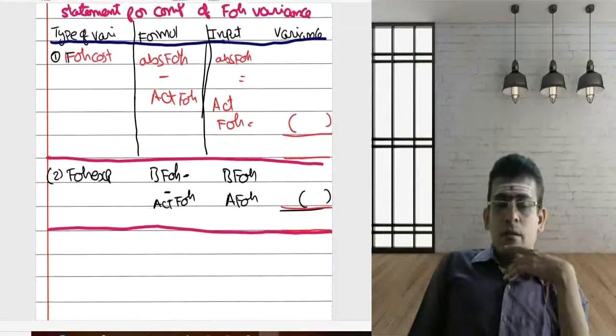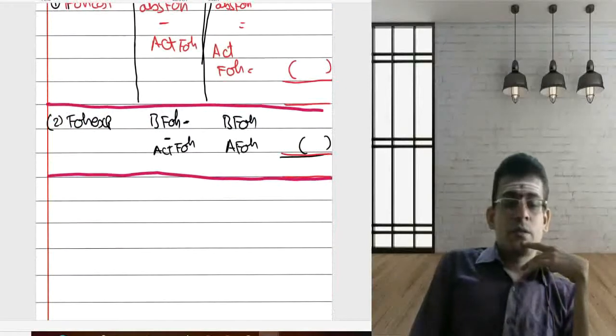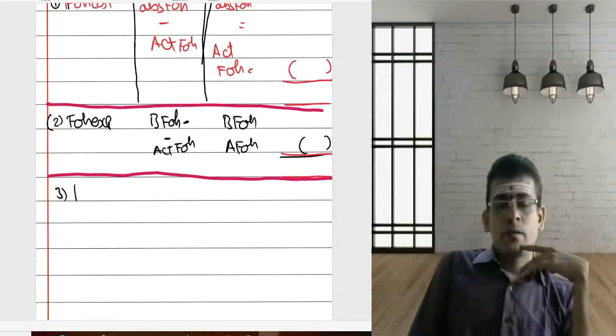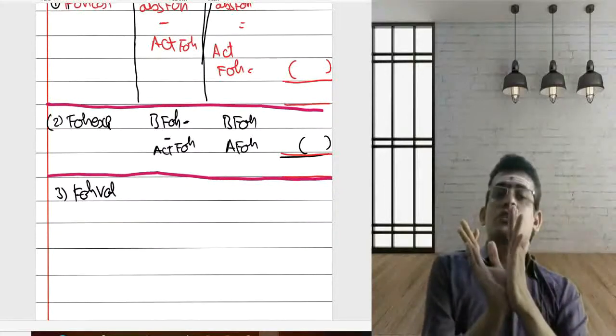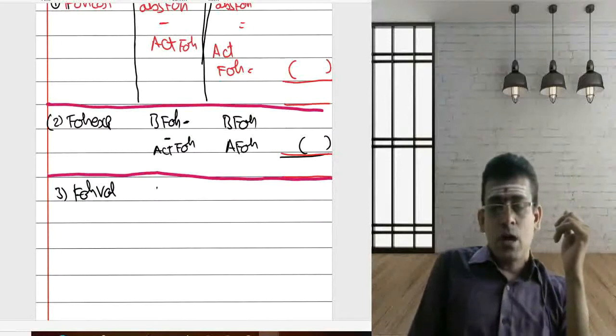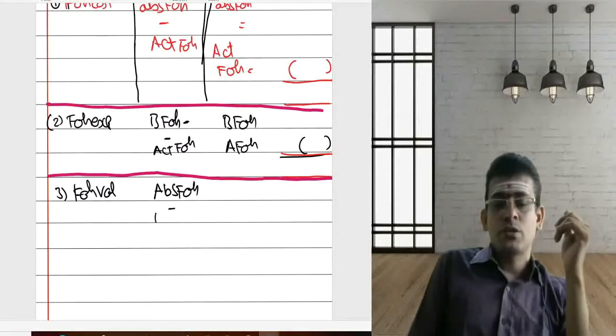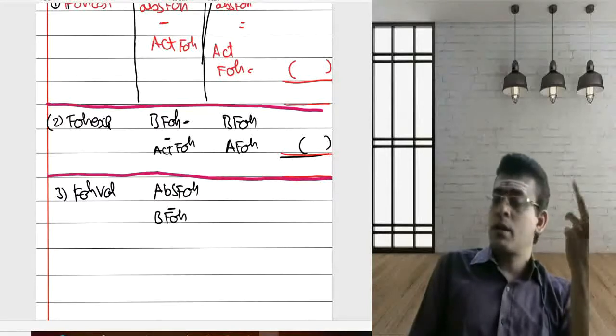Then the next variance is the fixed overhead volume variance. What is the form of a volume variance? One which changes, one which does not change. What changes? Absorbed fixed overhead changes. What does not change? Budget fixed overhead does not change.